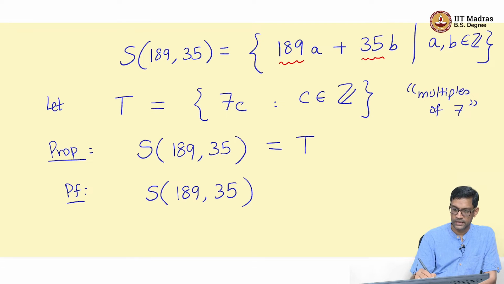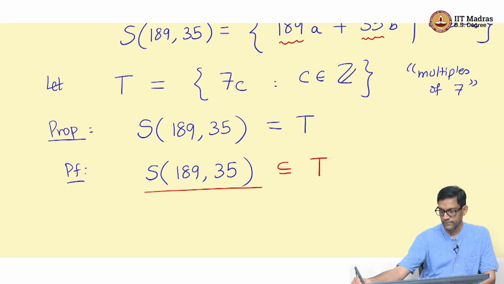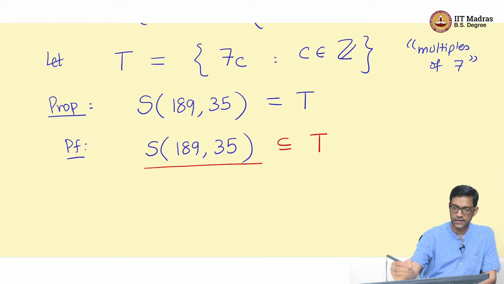In other words, every element of this set is automatically divisible by 7. So, every element on the left hand side is an element of the right hand side. What is less obvious is that every element of the right hand side is also there in the left hand side, and to do that we will take this special element 7, and that is the one we really have to worry about. So, to show the other containment, we just look at the element 7.